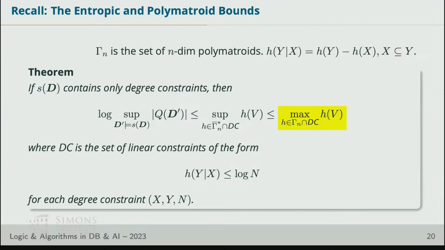And the degree constraints are of this form: h of y given x is less than or equal to log n. So the degree constraints are now converted into a linear constraint on this space of vectors, or space of functions. As a vector space, this has an exponential number of components.